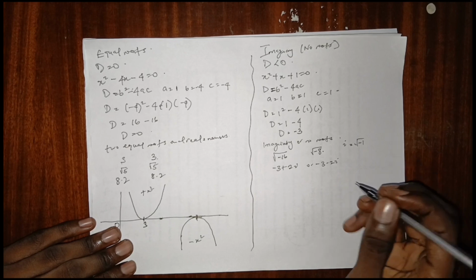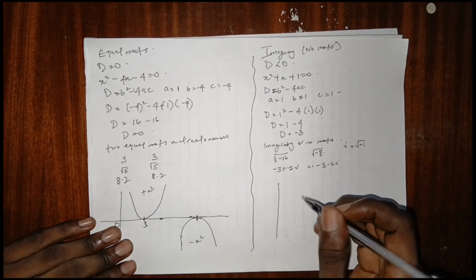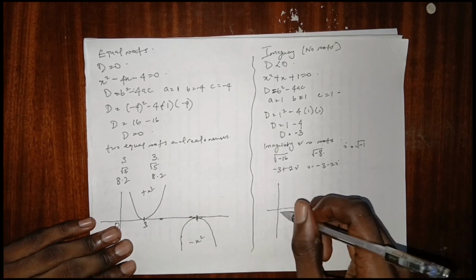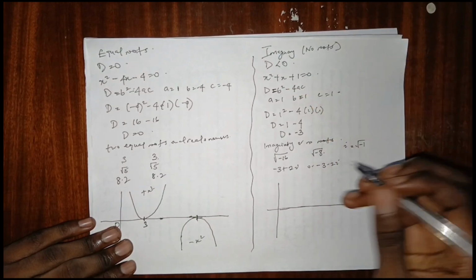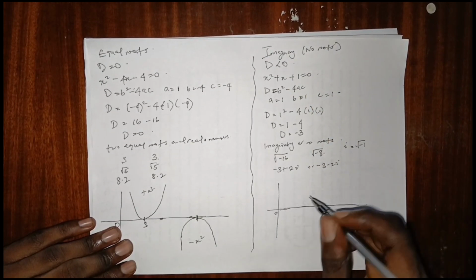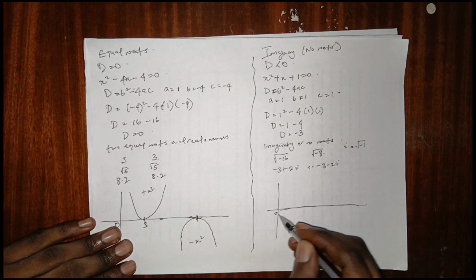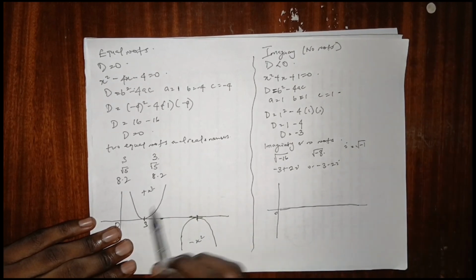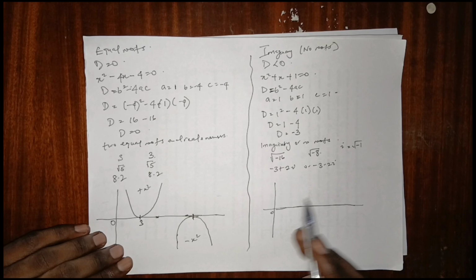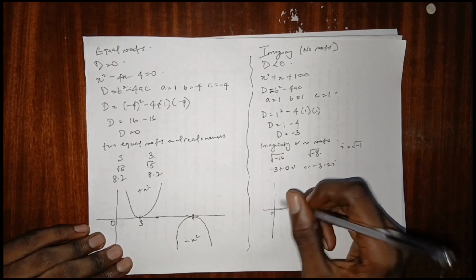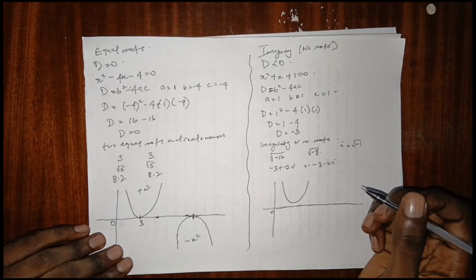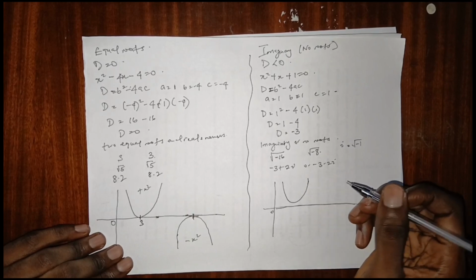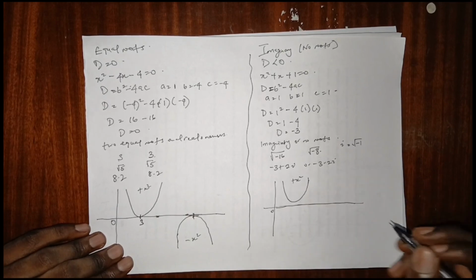This can be represented like this. For positive x squared, because the constant is such that the graph does not reach 0, it won't be touching the x axis.